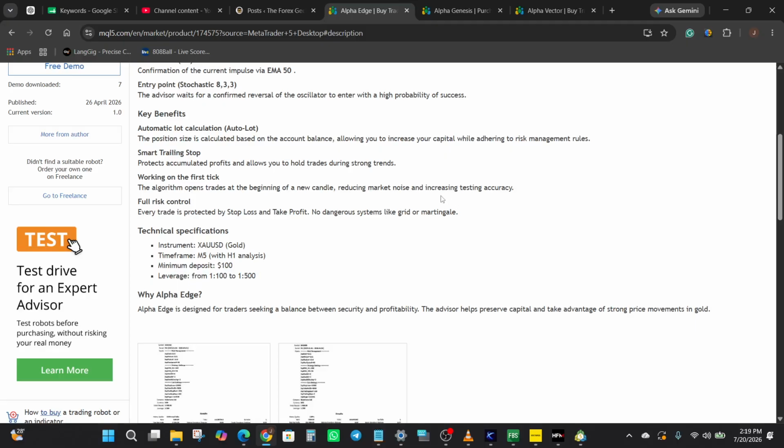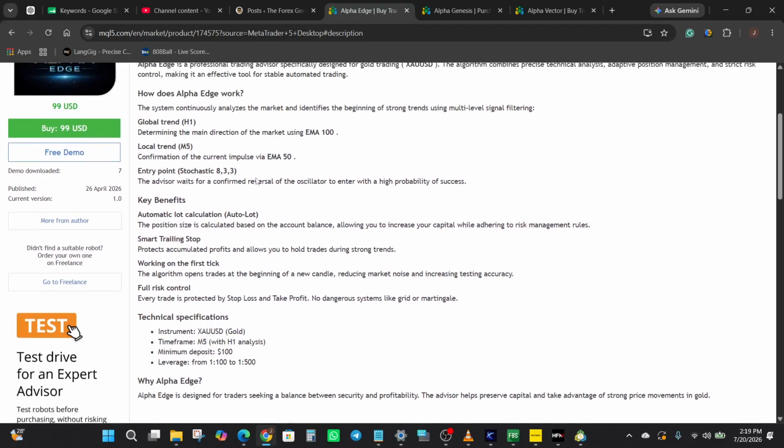Unlike systems that simply react to every market movement, Alpha Edge waits for multiple conditions to align before entering a position. The higher time frame EMA provides the primary market direction. The lower time frame EMA confirms that momentum is developing in the same direction, and the stochastic oscillator is used to identify a favorable entry point after a pullback or momentum shift.